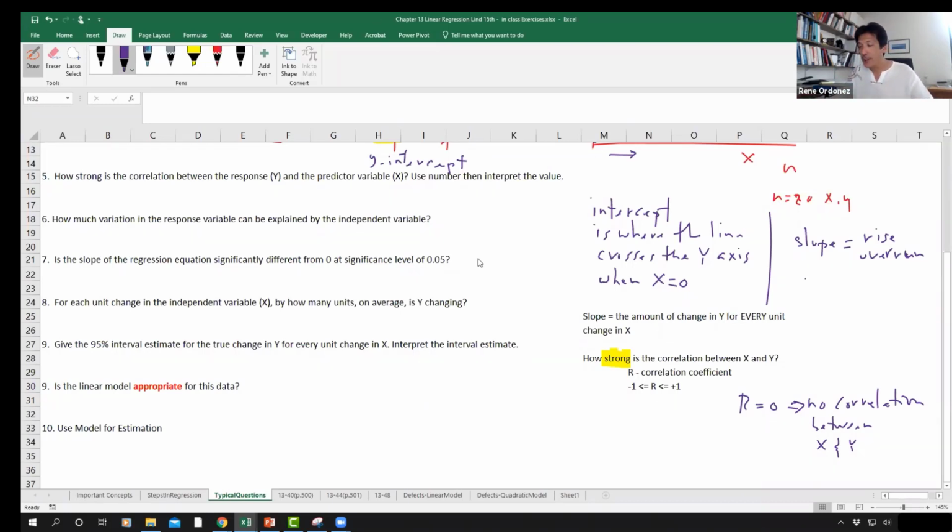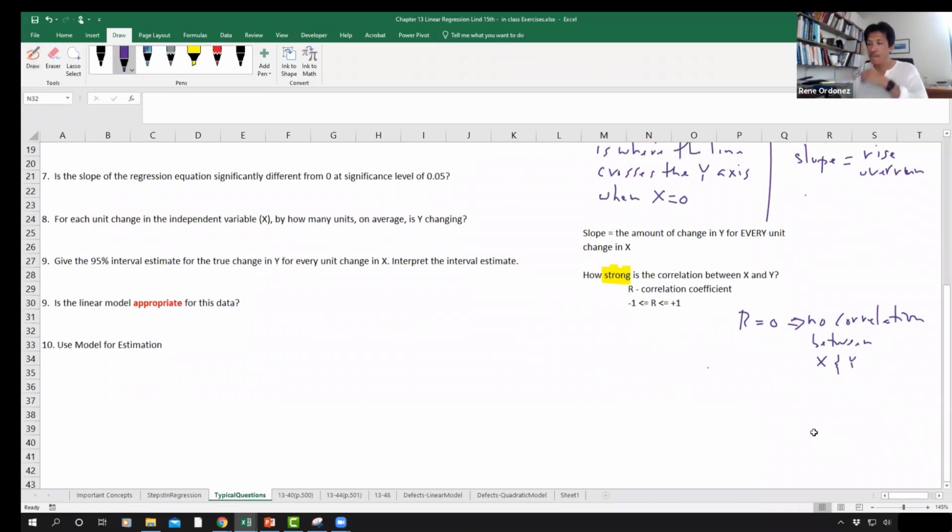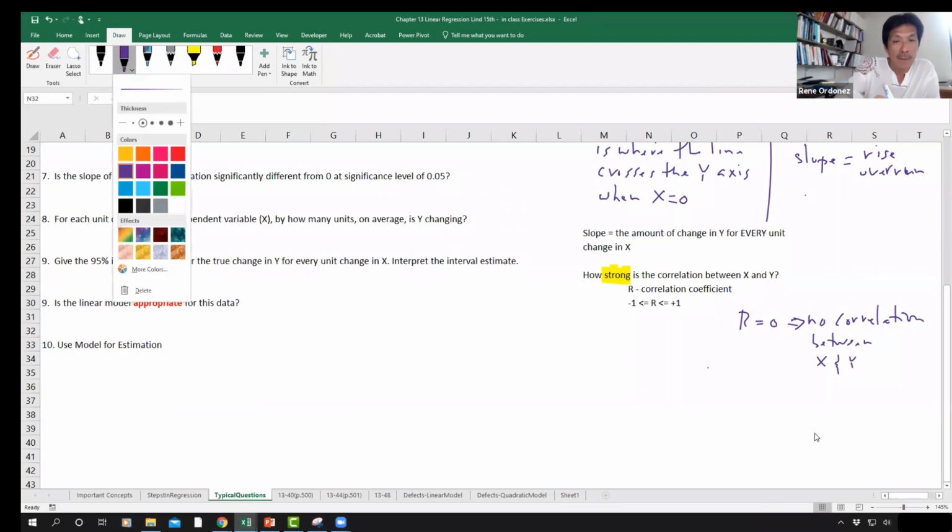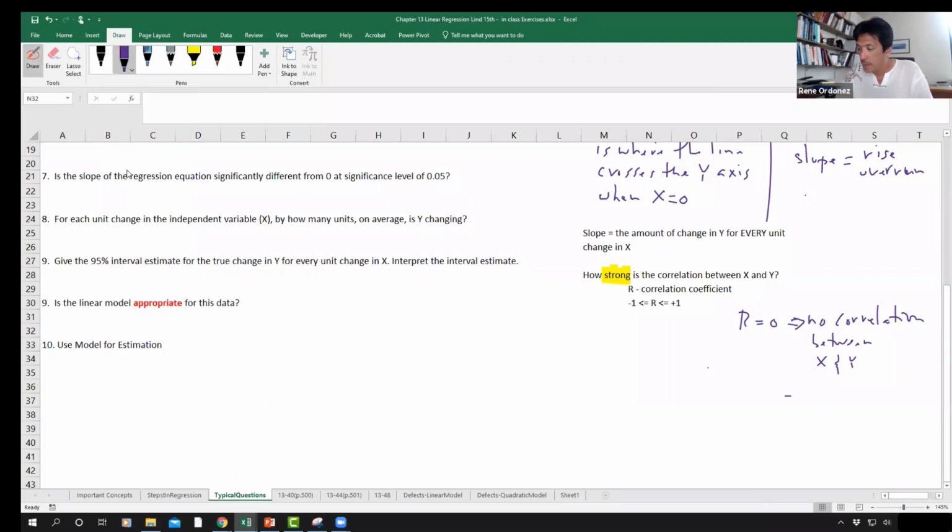When R is equal to -1, then this means that X and Y are perfectly linearly and inversely correlated.